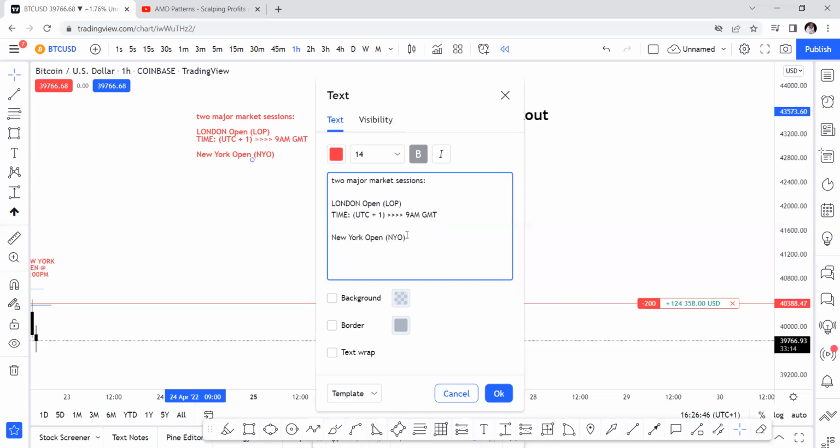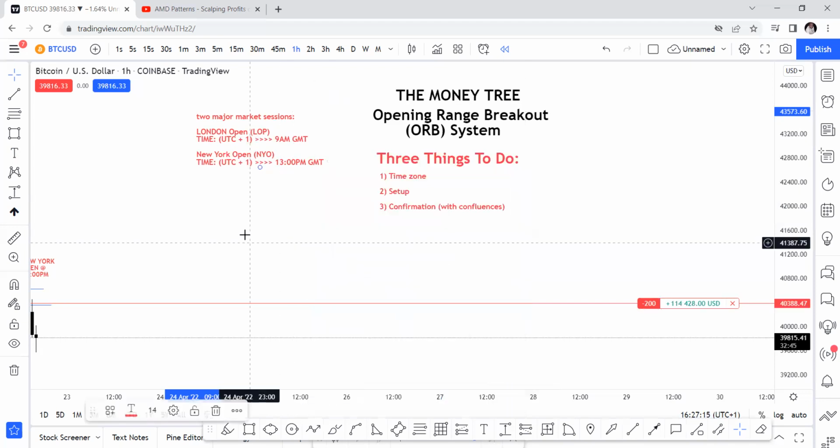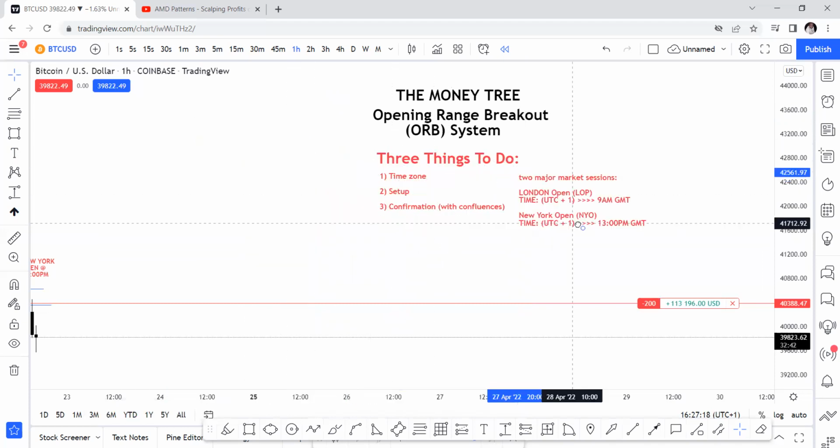The same thing for New York at UTC +1, which falls at 13:00 GMT. So these are the time zones.